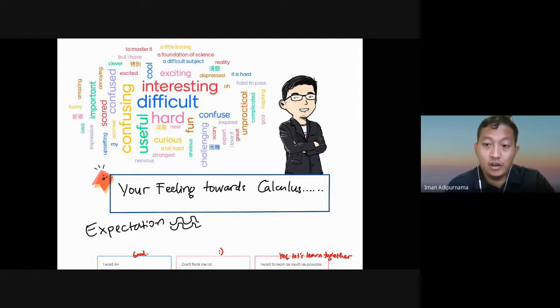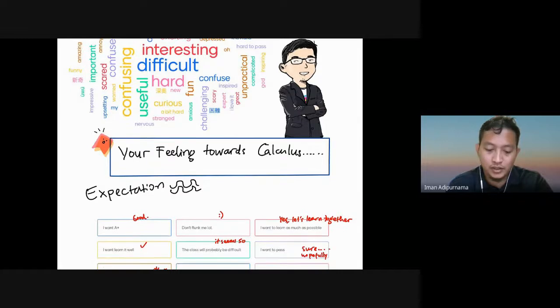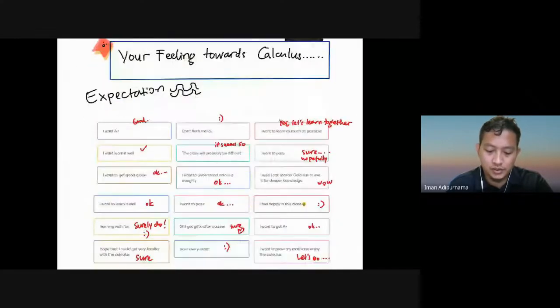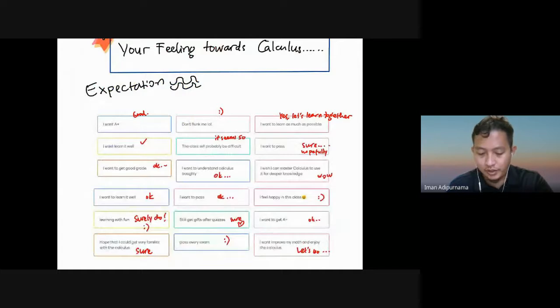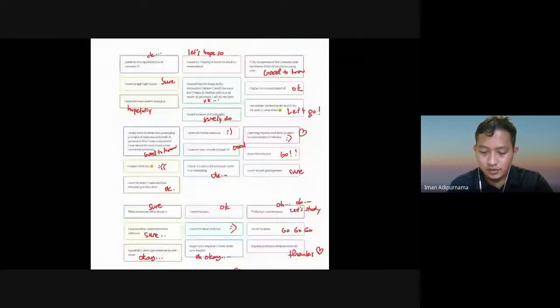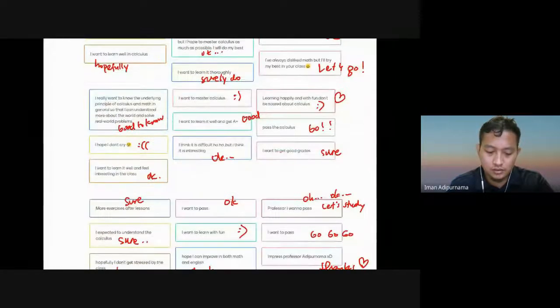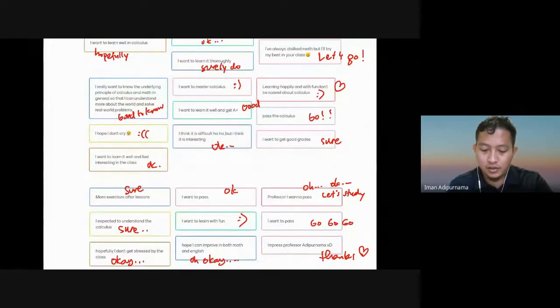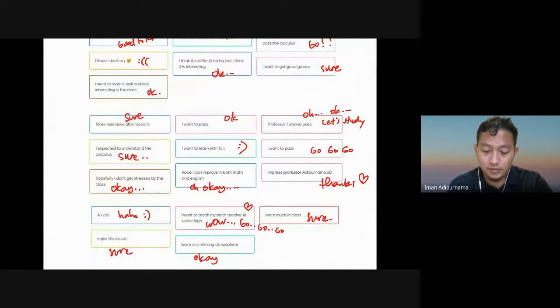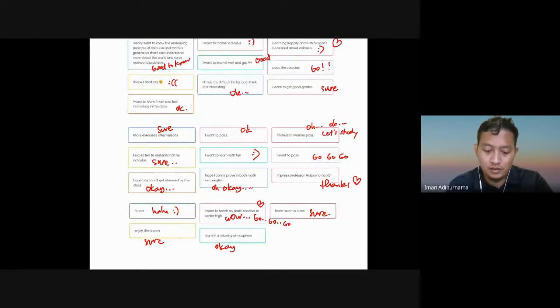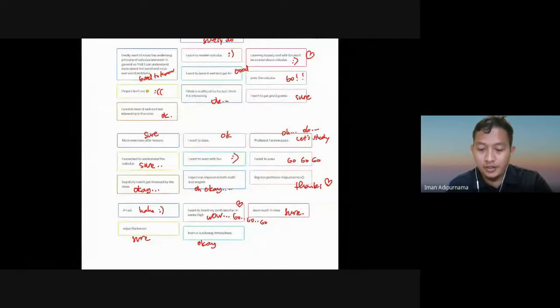So I hope I can bring something new for calculus or for mathematics in general. This is your feelings about calculus, and this is your expectations. I already read all of this feedback, and I hope I can teach this calculus or this math as you expected, in a positive way.